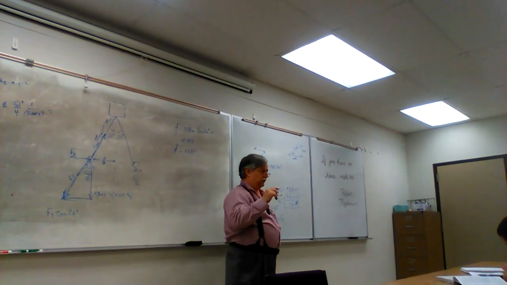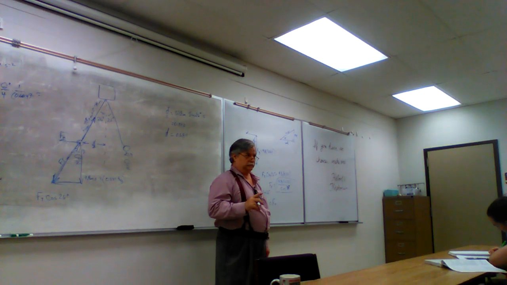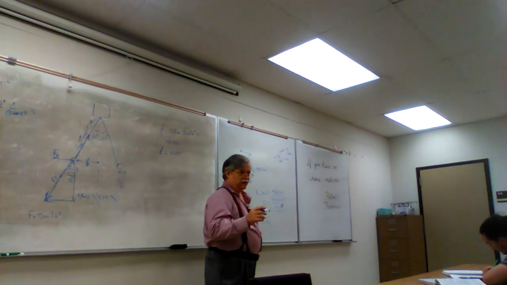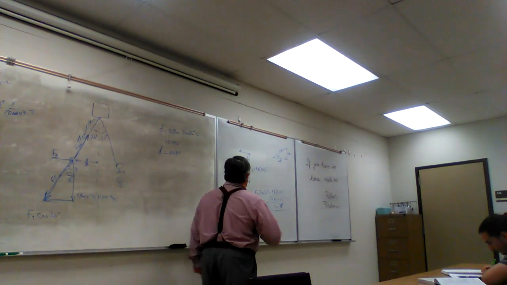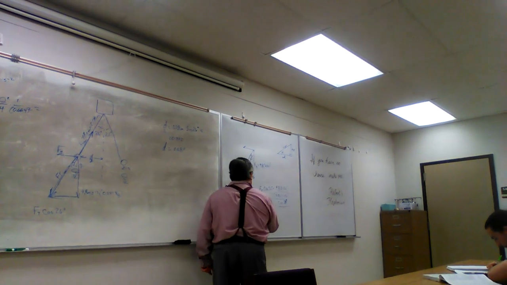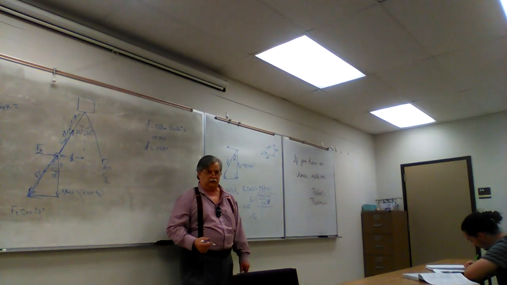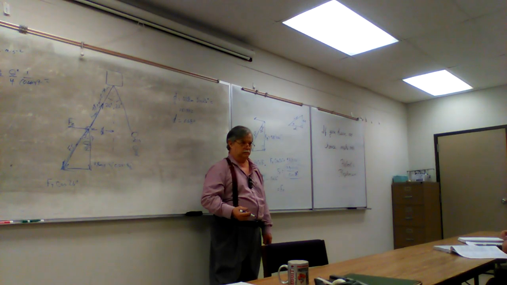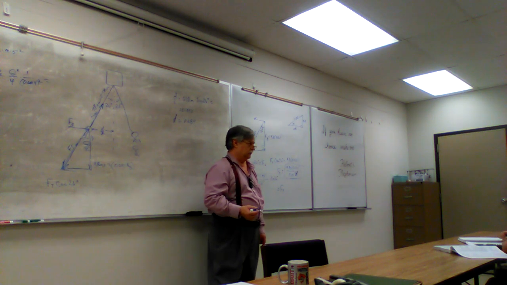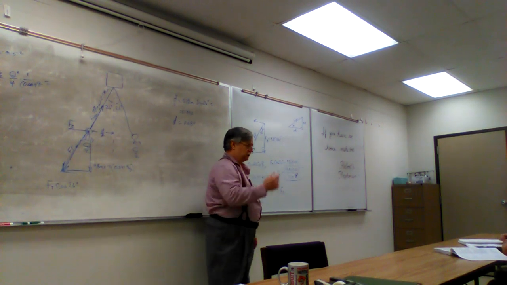Here's another one for your index cards and for your notes. Trigonometric identity. The sine of an angle divided by the cosine of that angle is what? That would be the tangent.